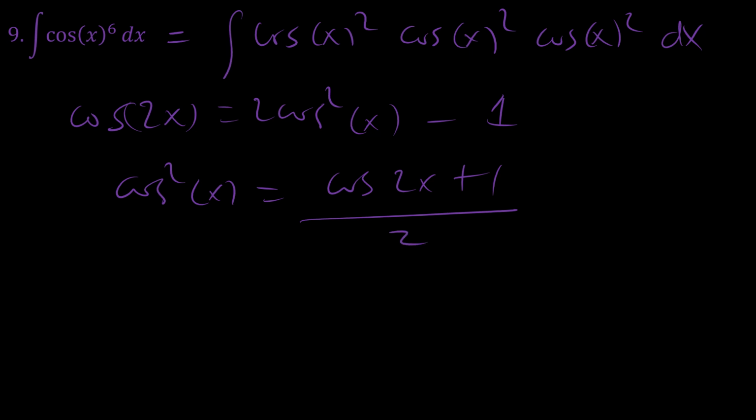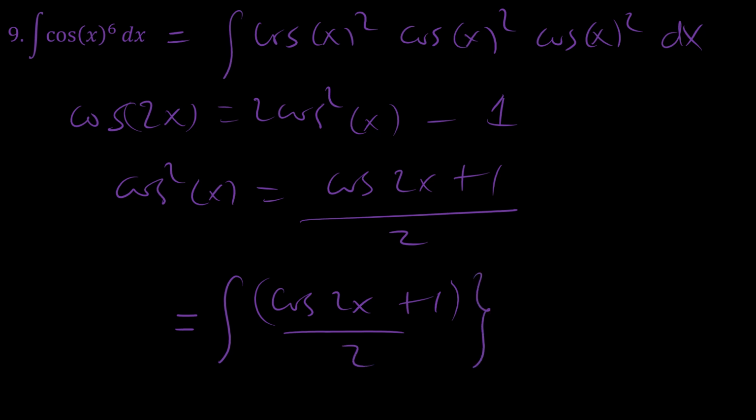This means that our integral is the same as cosine 2x plus 1 over 2 to the power 3. Okay, which means that we have an eighth in brackets cosine 2x plus 1 to the power 3.